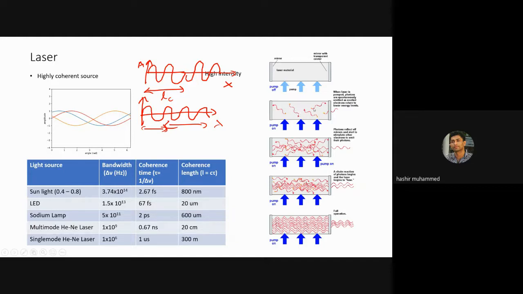As I noted previously, if you give a pump again, then you have stimulated emission. That's what laser stands for. Stimulated means it's highly directional. What happens is your excited atom will collide with another atom that's in the ground state, which will create the same frequency, and this process will move on. Finally, this is inside a cavity, and only certain frequencies can exist in the cavity because of, again, quantum mechanical reasons.